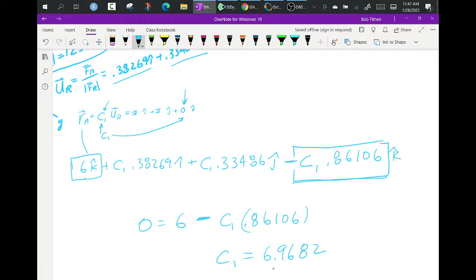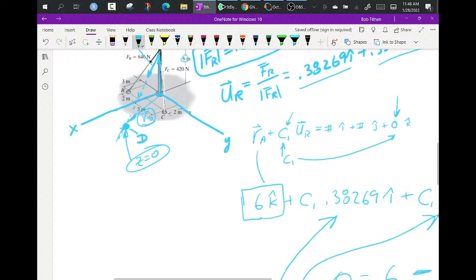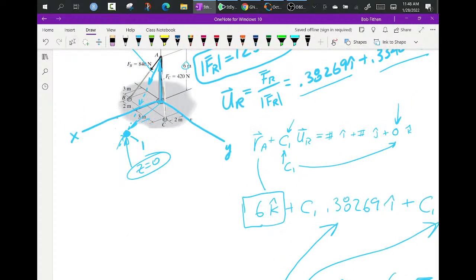The constant is 6.9682. Now here's what's funny. If I take that same constant and multiply it times this, and multiply it times that, that tells me where this point is.